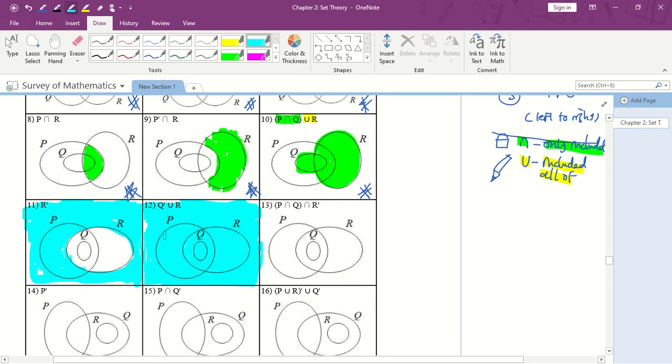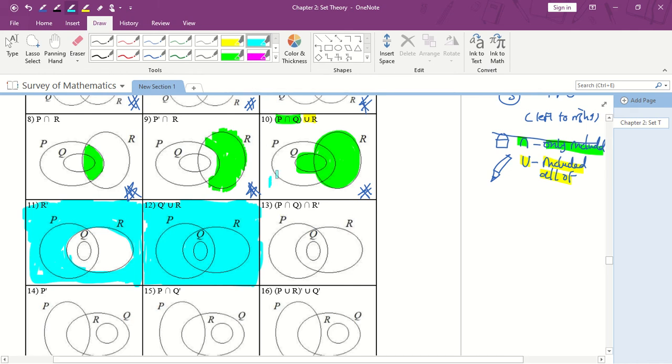And you're done. And you say, hey, how about the middle? Just now it said Q prime, right? But later on it says union R. You need to include all the things, including the R. So I will fill up the Q part.